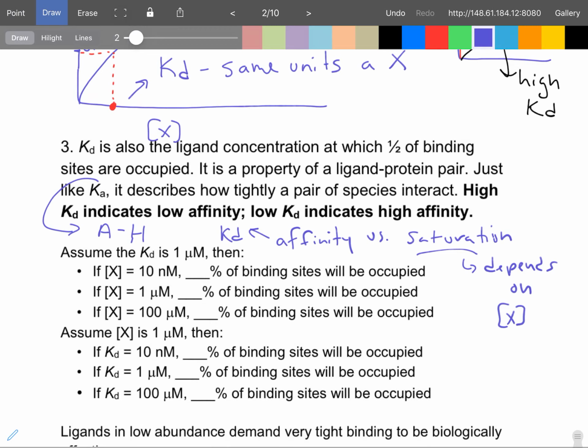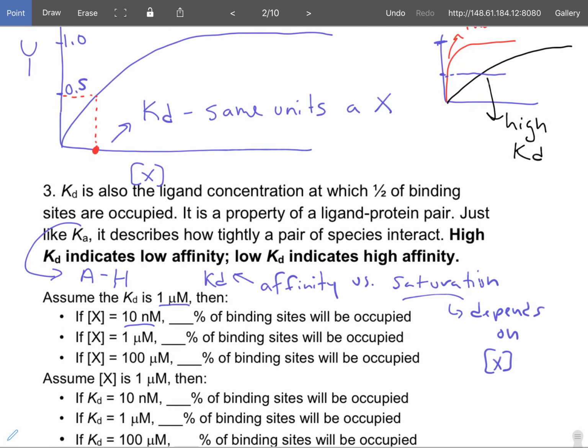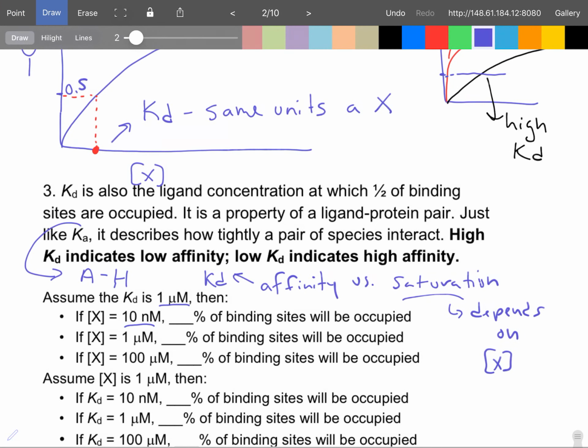So for example, a KD that's 1 micromolar, and we have a ligand concentration that's 10 nanomolar, so quite a bit smaller than the KD value. That means that on this plot here, we're somewhere down here, right? We have a very low saturation. And so as a result, only 1% of sites will be occupied, so low saturation. You can plug these numbers into the equation and you'll see that.